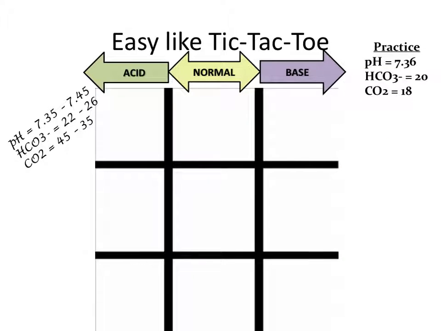Okay, one more. Then you'll have this for sure. So your pH is 7.36. Oh, look, right in the middle, but it's on that acid side of normal. Bicarb is 20, which is also on the acid side. CO2 is 18.